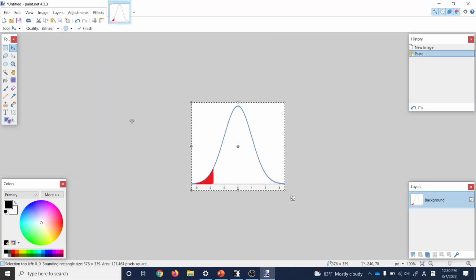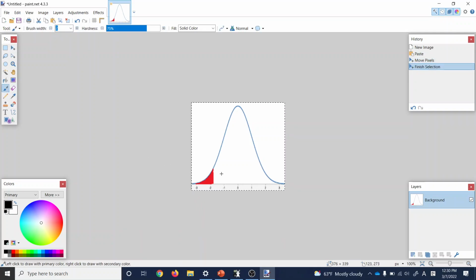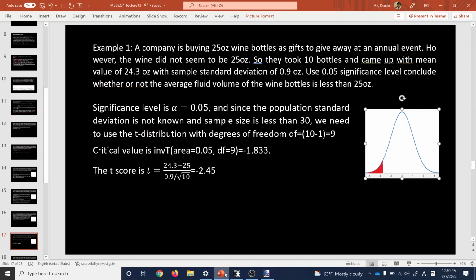So, what is this point right here? It's negative 1.833, right? It's so hard to write here using a mouse. However, our test statistic came out to be negative 2.5, right?